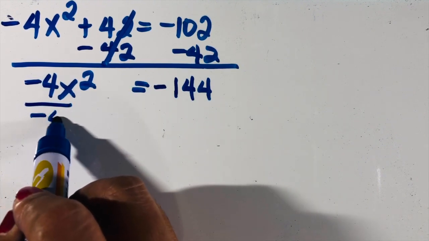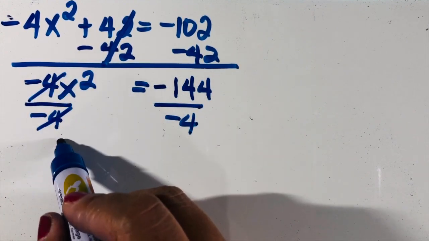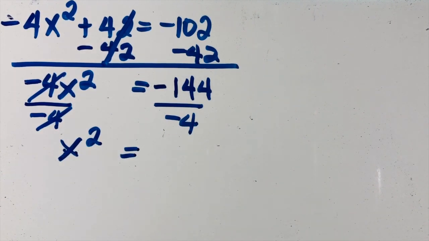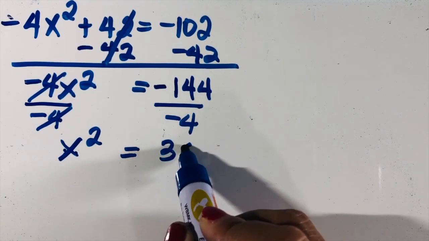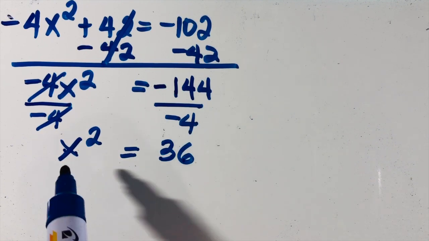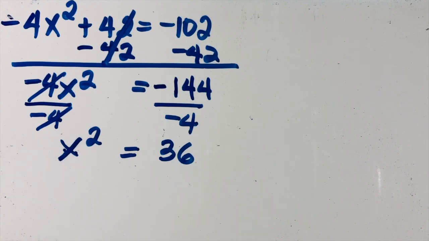Before taking the square root of both sides, make sure the coefficient of x squared is equal to 1. So, let us divide both sides by negative 4, and this will be x squared equals. What is negative 144 divided by negative 4? You are right, that is positive 36. Then, we followed all the steps. This is isolated. Its coefficient is 1.